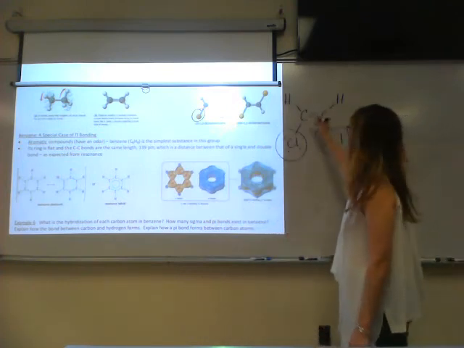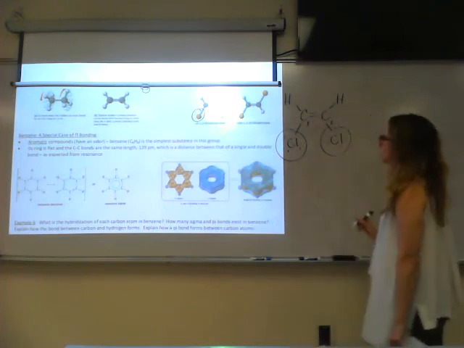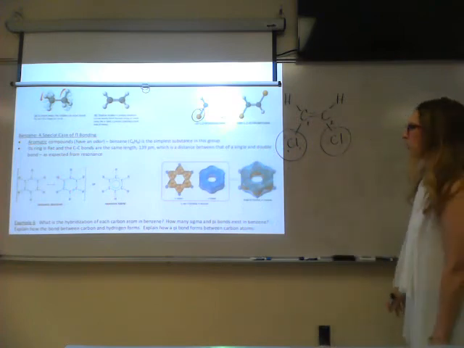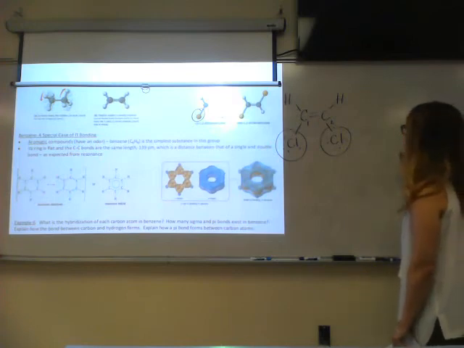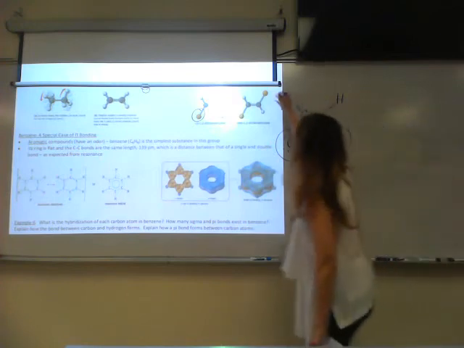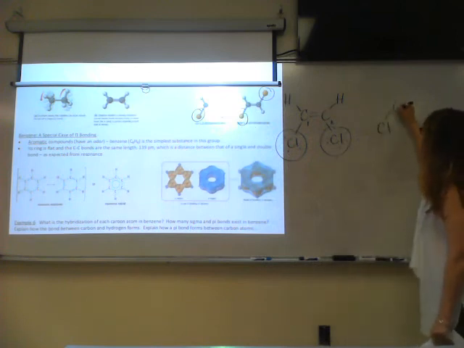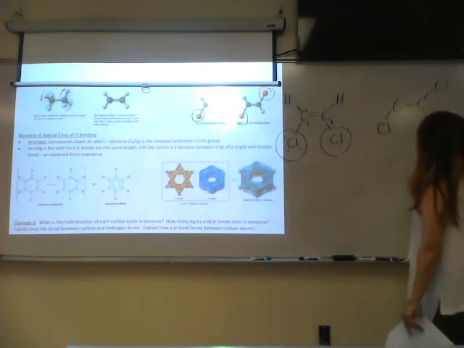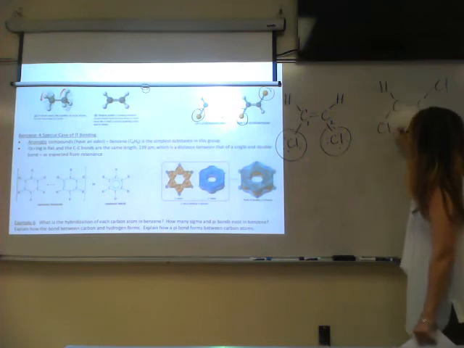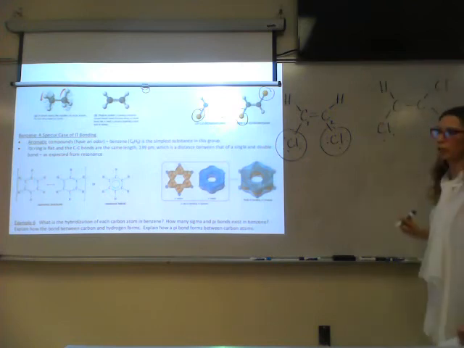Where do they get the 1, 2 from? Carbon 1 and carbon 2, they're coming off of that, and the di is because there's 2 chlorines. Trans means they're on opposite sides. So here they are on opposite sides, so that would look like this. There's your trans.